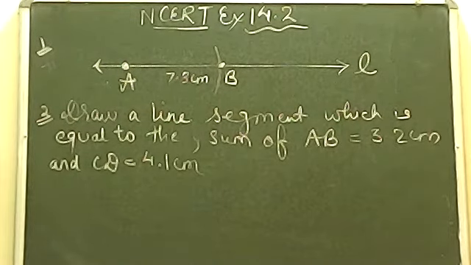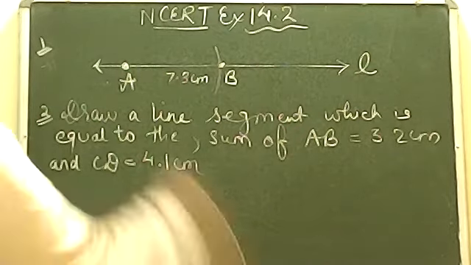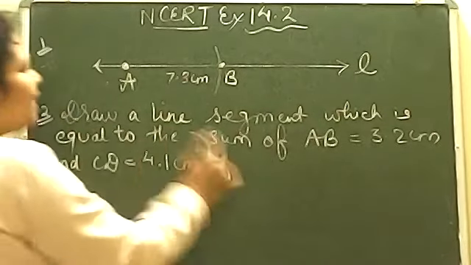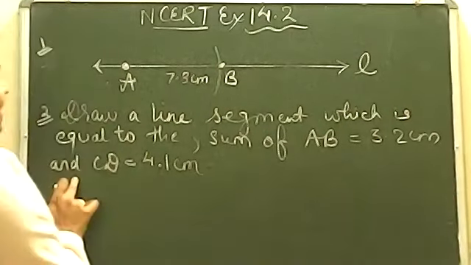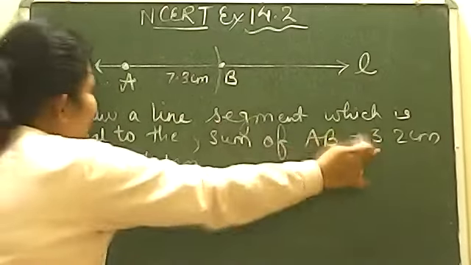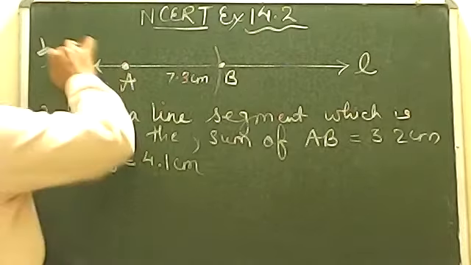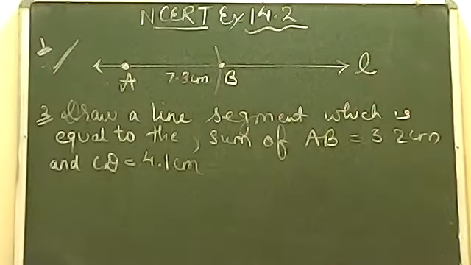Now students, move ahead with this question which is written here. Draw a line segment which is equal to the sum of AB and CD, where AB is 3.2 and CD is 4.1. We will use the same process which we have done in the first one. What we will do, beta?